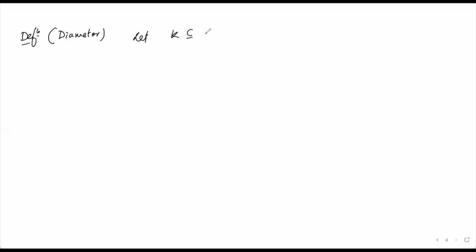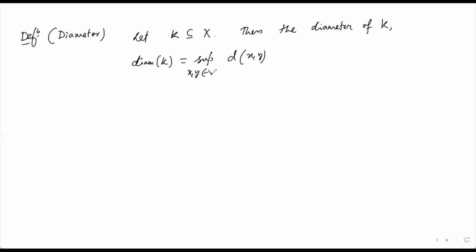Let K be a subset of X. Then the diameter of K, denoted by diam K, is defined as the supremum of the distance between pairs of points d(x, y) over x, y in K. Okay, and if this supremum is finite, then we say that K has finite diameter, otherwise it has infinite diameter.